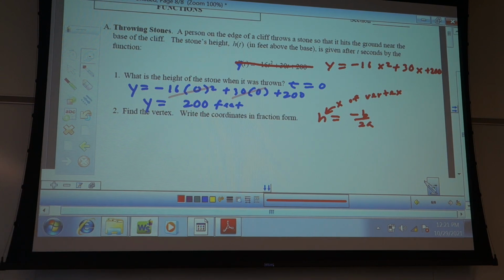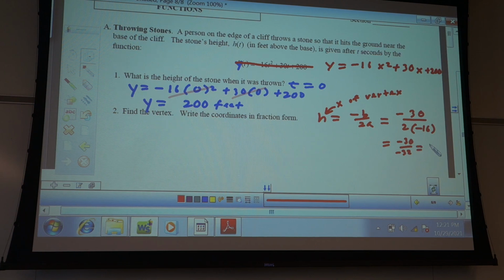Minimum and maximum. So negative b, my b is 30, over 2 times my a, which is negative 16. So I'm going to end up with negative 30 over negative 32, which the negatives will cancel out.